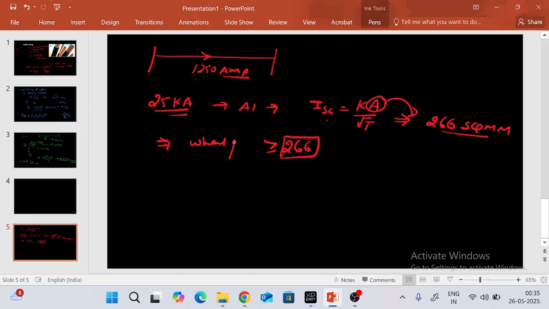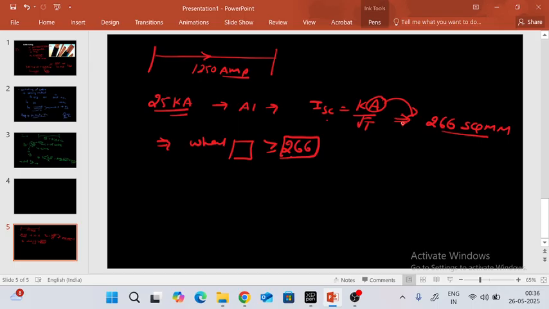Whatever cable I select, its SQM should be on the higher side of this. You understand the purpose of the minimum SQM, because this SQM is required to withstand this fault. If you go on the lower side, your system can run smoothly.